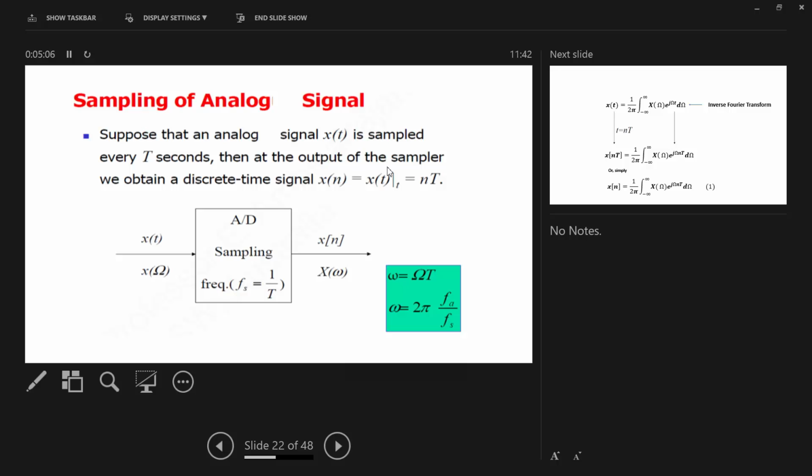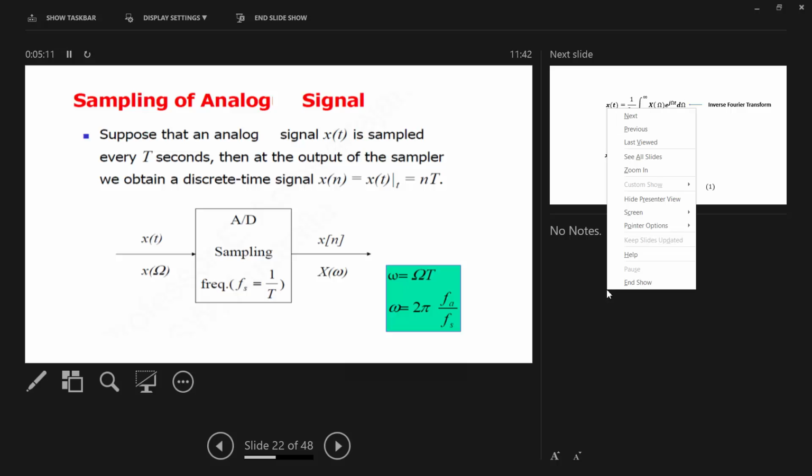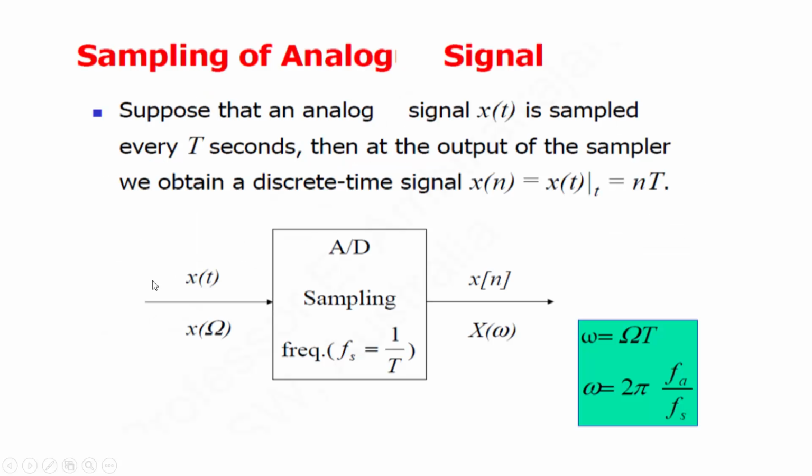Now this slide explains, let me come out of the presenter's view. Okay. Sampling of the analog signal. As I have already told you, this x(t) is in the continuous domain, x(n) is in the discrete domain.